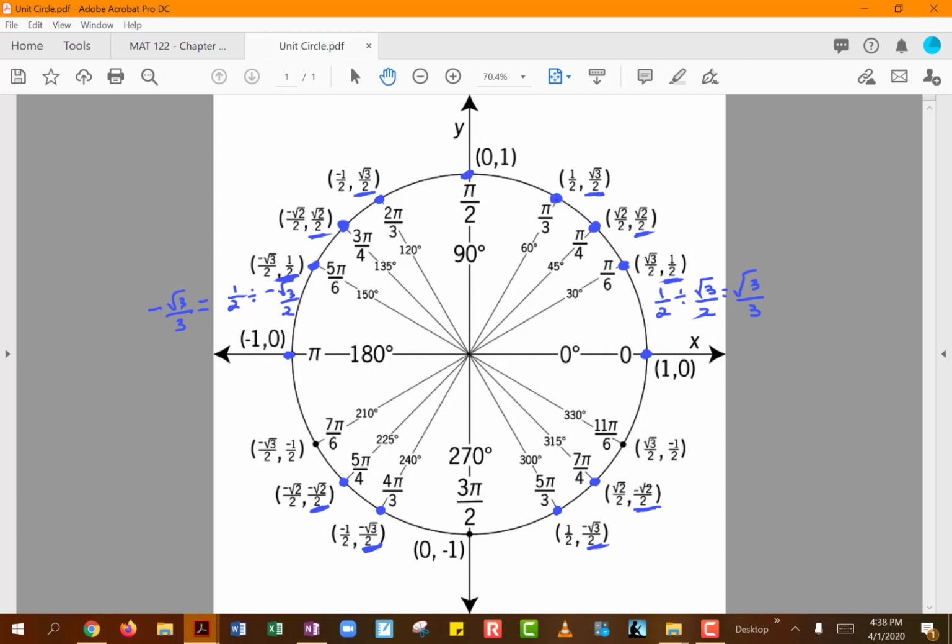So it's only going to be those two numbers. And then where was our sine function equal to 1? It's equal to 1 at pi halves. So those are going to be the three angles that we will actually be looking at.